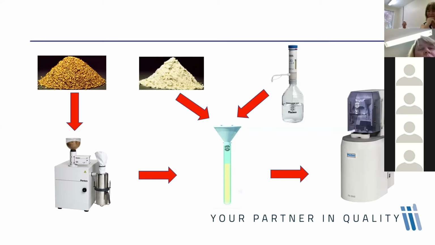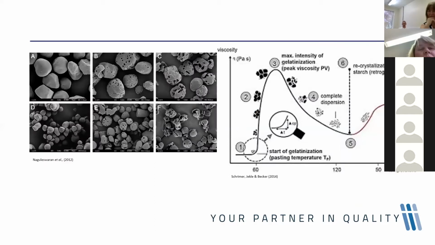You also need distilled water, as well as the falling number instrument, which should also be in good working order. So during the test, on the left here, I've shown some starch granules.